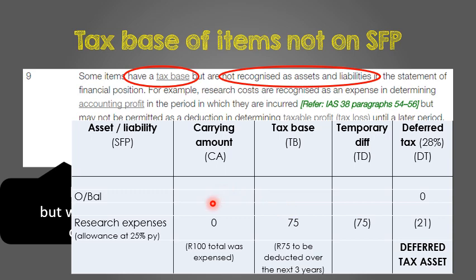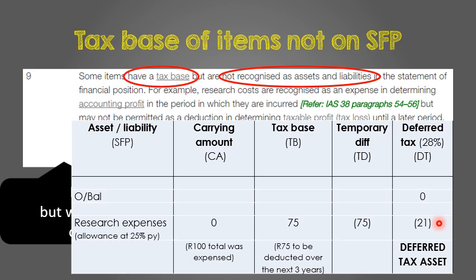If we now do our calc, 0 carrying amount less the 75 future deductions tax base, that gives us a negative amount in our temporary difference, meaning it's a deductible temporary difference and a deferred tax asset.